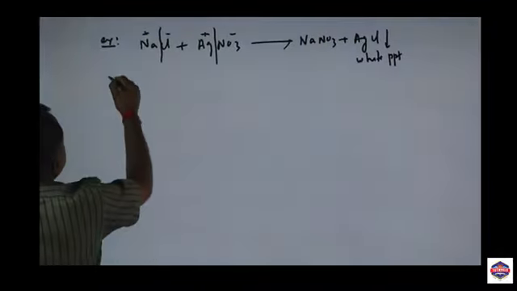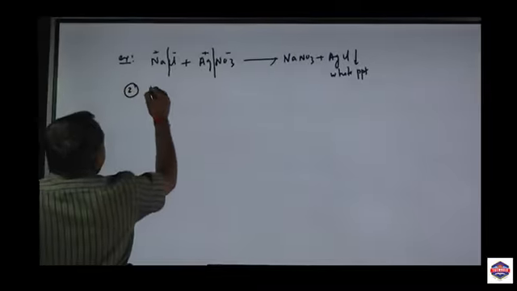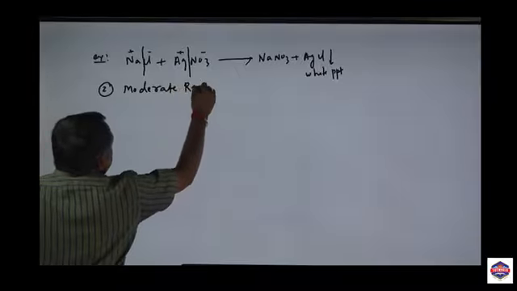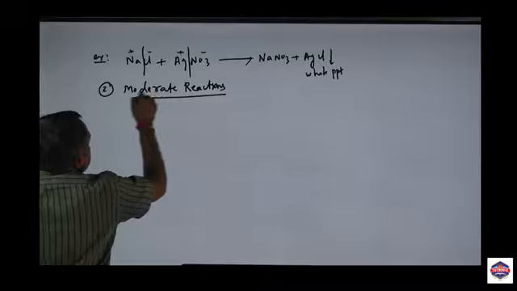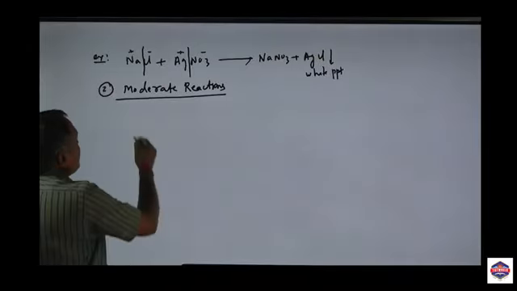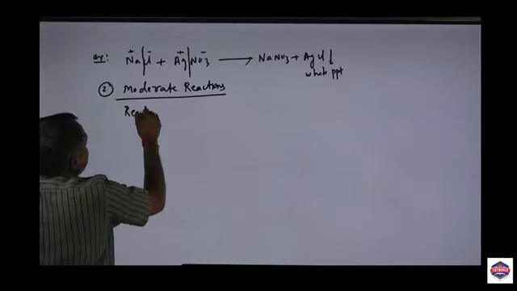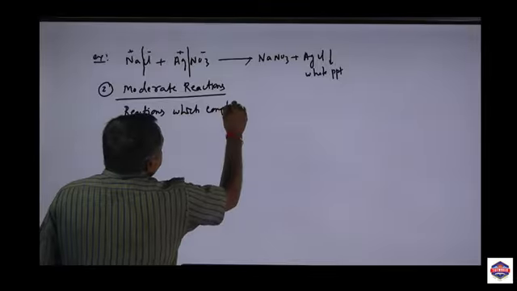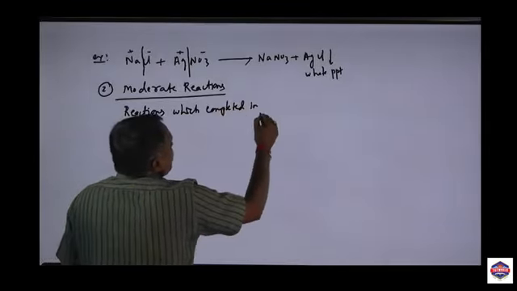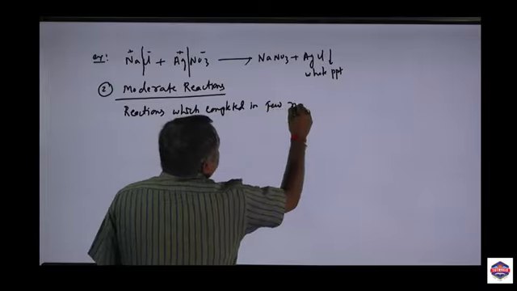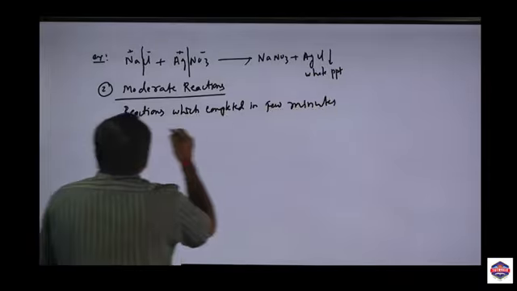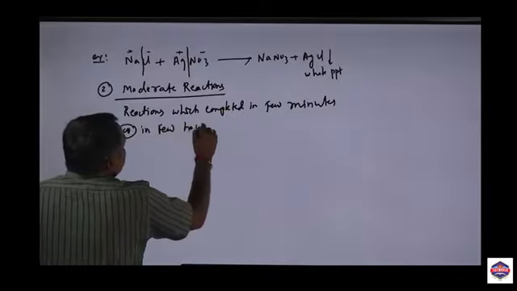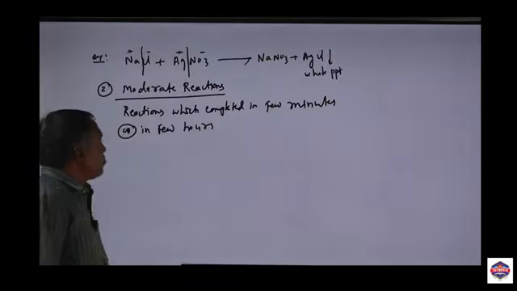Now let us see the second type, the moderate reactions. What are moderate reactions? Reactions which are completed in a few minutes or in a few hours are moderate reactions.